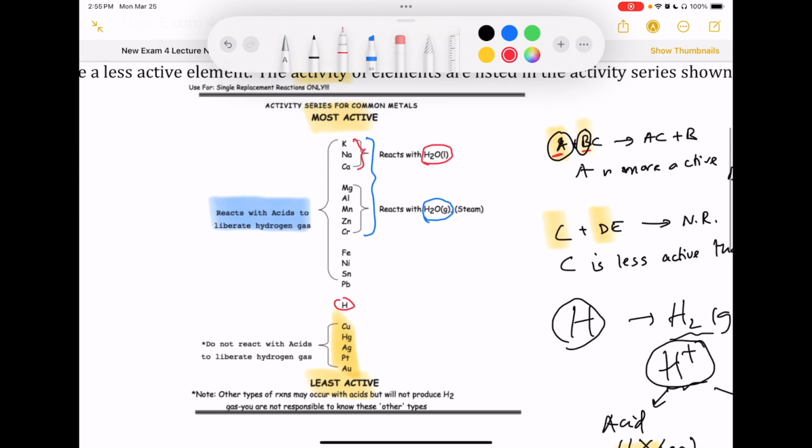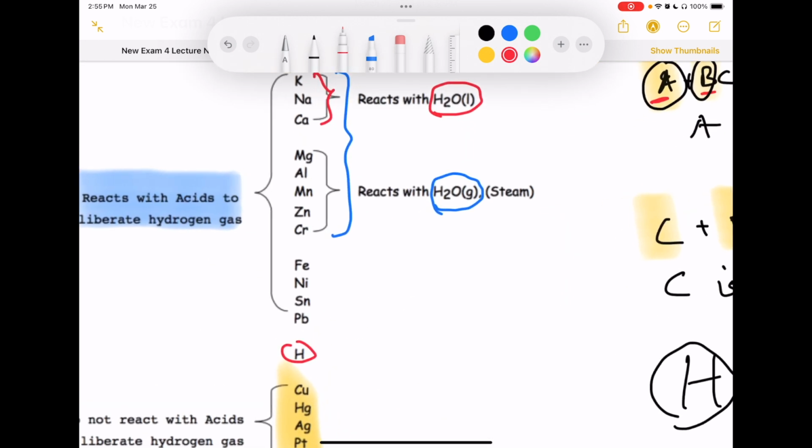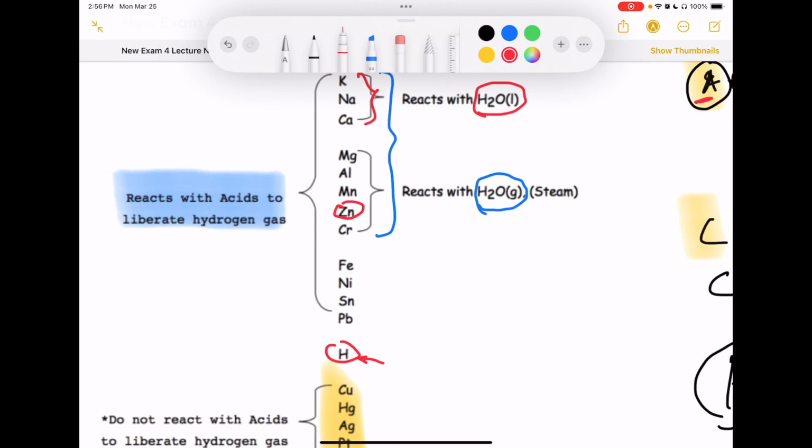Zinc is here. So it's more active than H because H is down here, right? That means it's going to react with some form of hydrogen. Now we just have to determine what kind of hydrogen form zinc will react with. Well, zinc will react with all the acids. It also will react with the gas water.